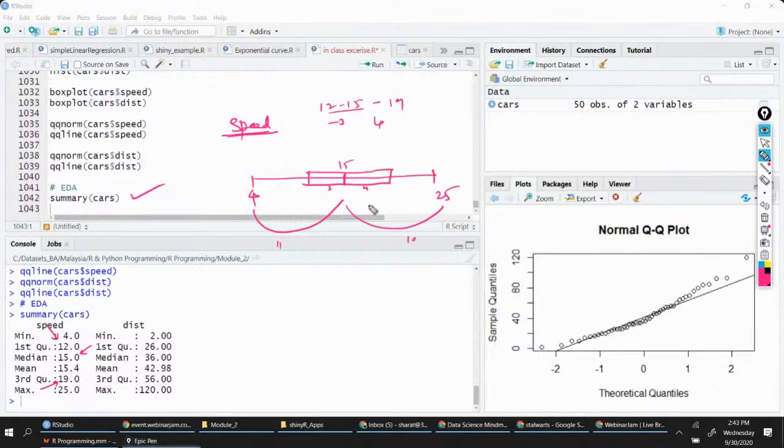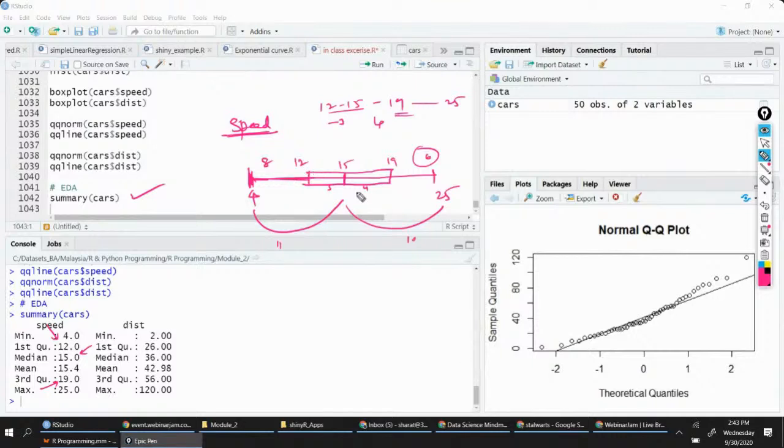Here you have 3 units, here you have 4 units. And then we also have to see from 19 to max, what is the distance? This is 6 units. From here, 12 to 4, what is the distance? It is 8 units.